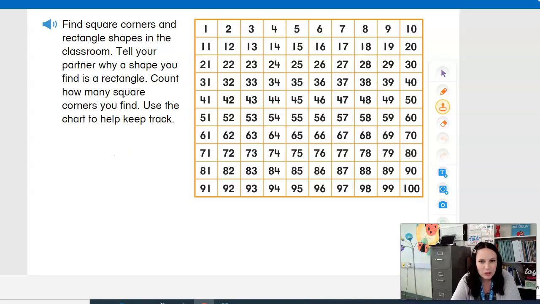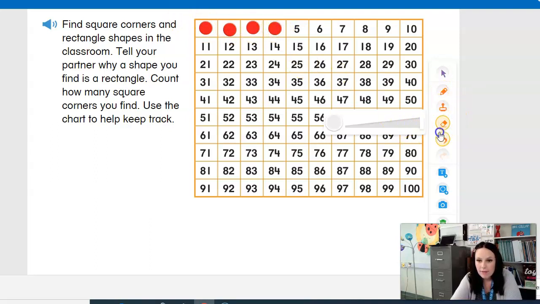How many corners does a square have? I remember a square has 4 corners. So when I find a square shape, I'm going to mark 1, 2, 3, 4 corners for that square that I find. So let's go ahead and erase this real quick.